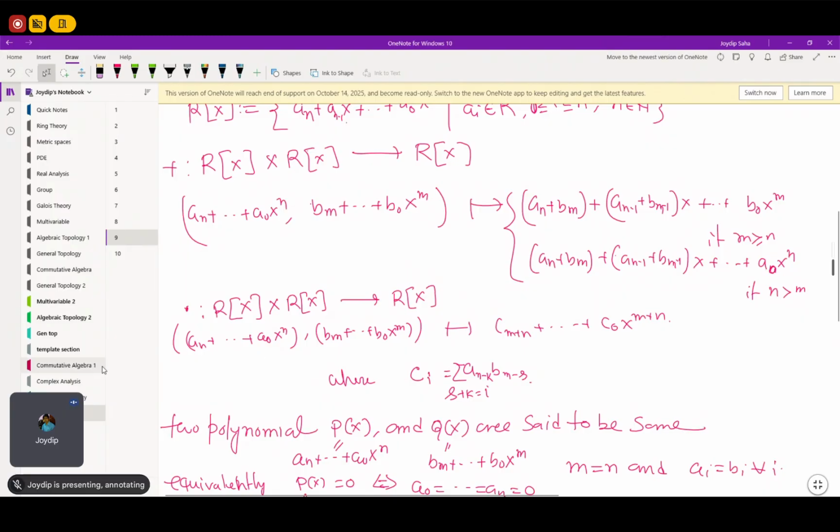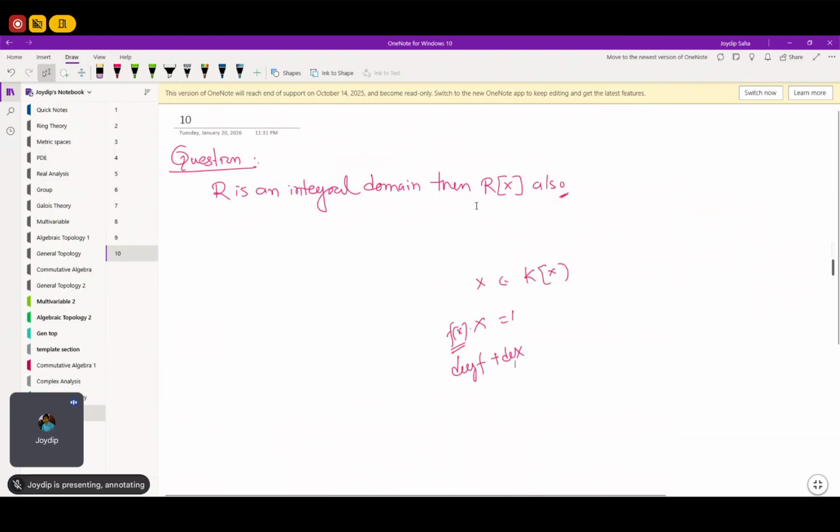So degrees add in an integral domain. Okay, if K is a field, K is an integral domain also. So the degree of 1 is 0, and this is 1 plus, say, n. So n plus 1, contradiction. Okay, so X has no inverse.